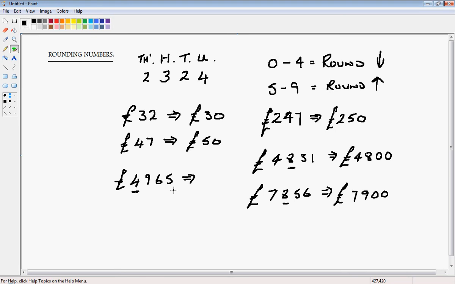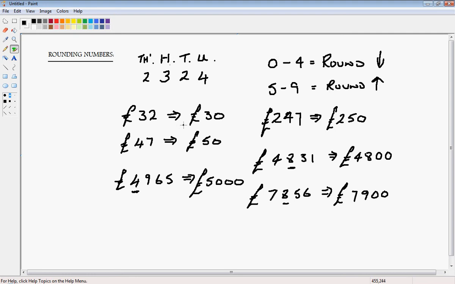Now we have 965. So 965, is that closer to 5,000 or closer to 4,000? Well, we can see that 965 is very close to 5,000. So we can say that if it's rounded, we get £5,000.